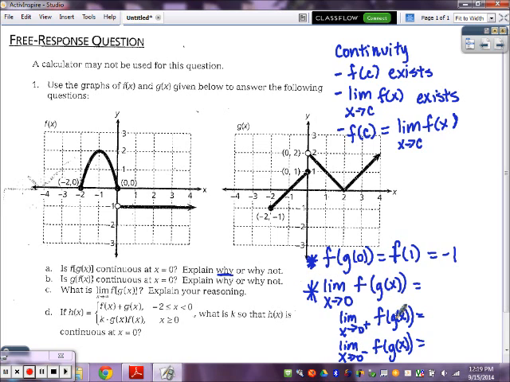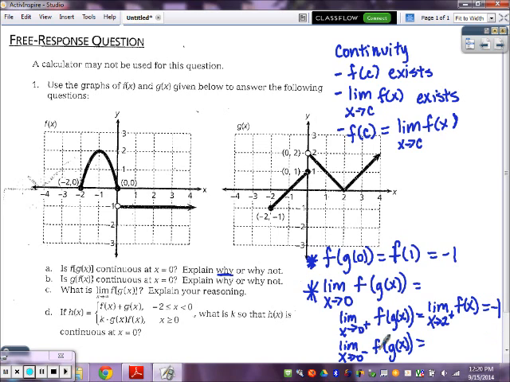So one more time, g of x from the right of 0 is approaching the y value of 2. So I would say the limit as x approaches 2 from the right of f of x. See how that worked out? We evaluated the inner function first, and now we're moving to the outer at the value that the inner took. So 2 from the right of f of x, if I go over here, from the right it's approaching -1.